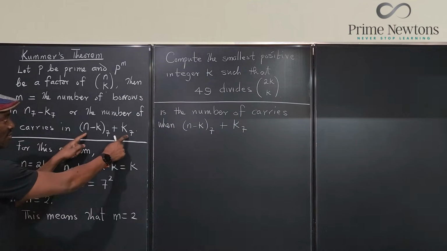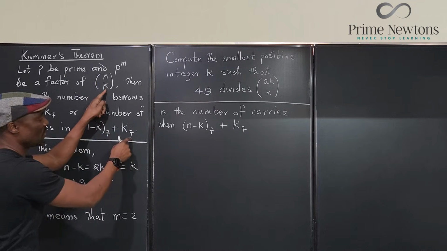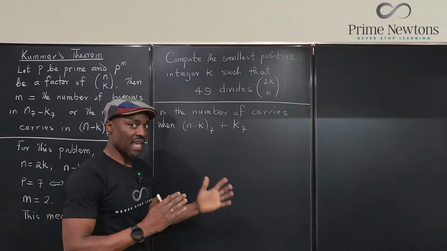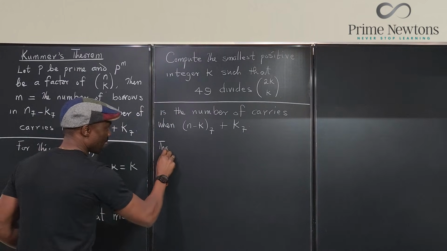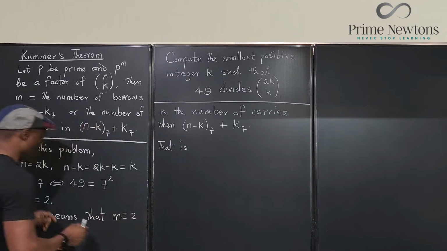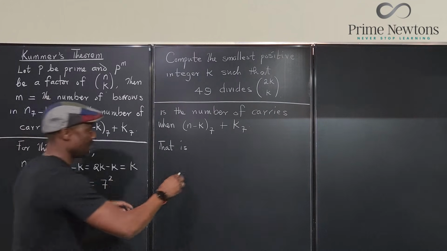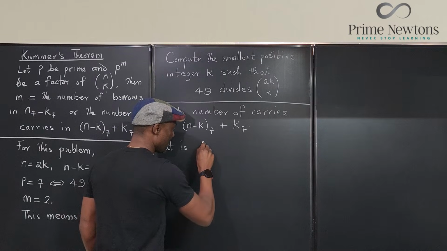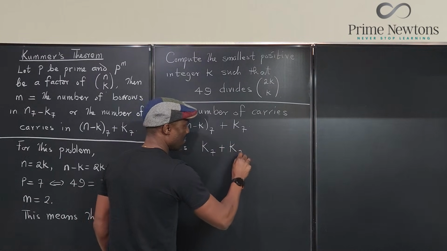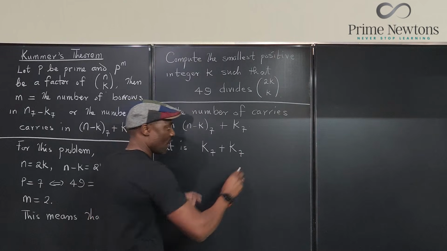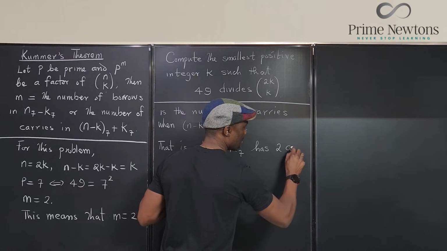Remember, that's the definition. The difference between the two numbers written in base 7 added to the lower number, the number of carries. We have already seen that n minus k was k. So when you write k in base 7, k in base 7 plus k in base 7, you will have 2 carries.